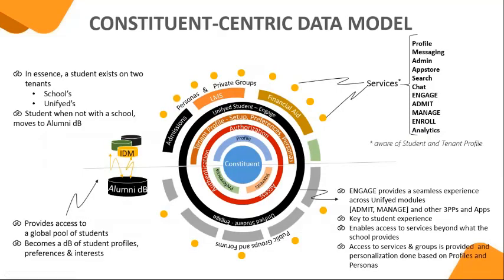Now, it's not just about that view of the student experience or necessarily the view of the underlying microservices architecture. The constituent-centric data model is also important. The student or the constituent has to be at the center of the service, not necessarily the institution.